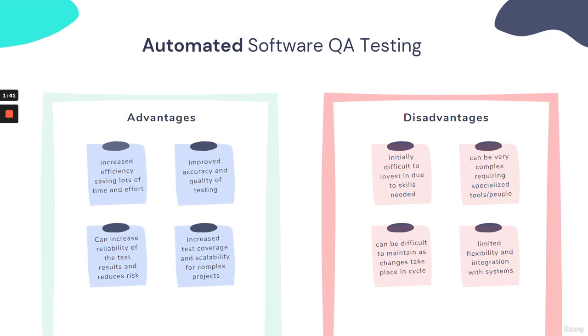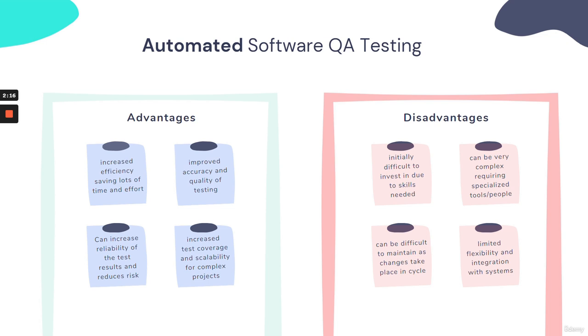There are many advantages as well as disadvantages related to automated software QA testing. Some of the advantages of automated software QA testing include increased efficiency, saving lots of time and effort, improved accuracy and quality of testing. It can increase reliability of the test results and reduce risk, as well as increase the test coverage and scalability for complex projects.